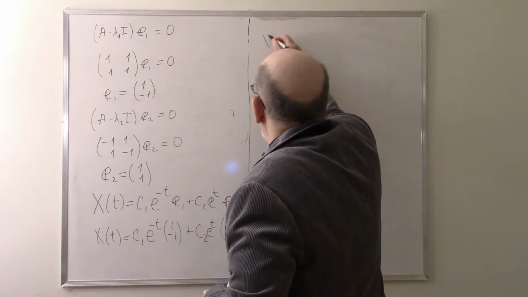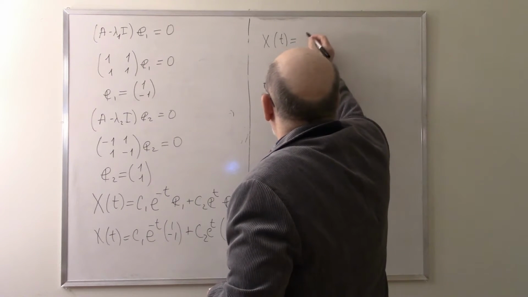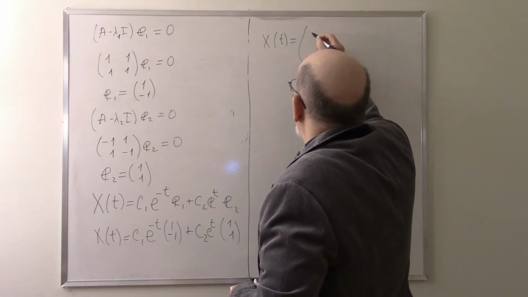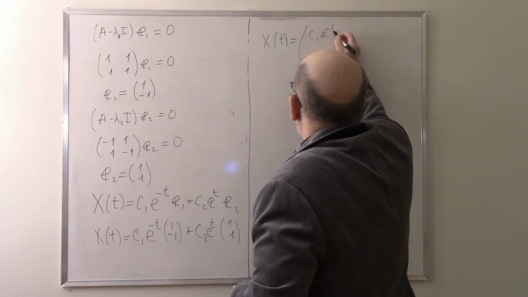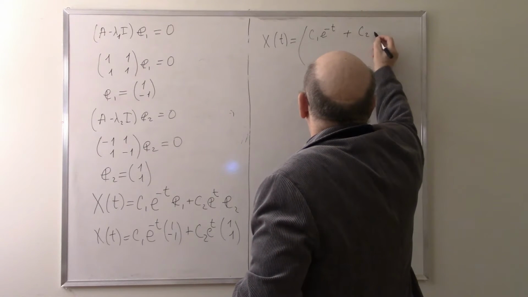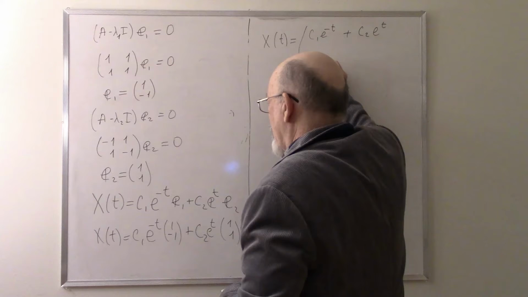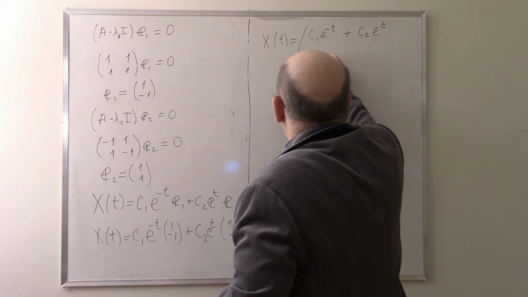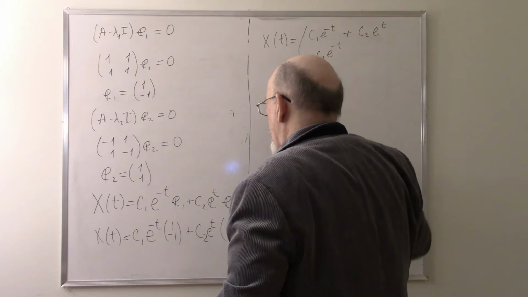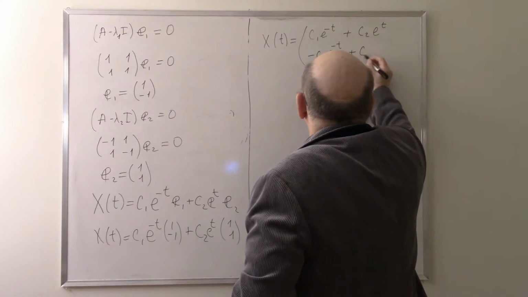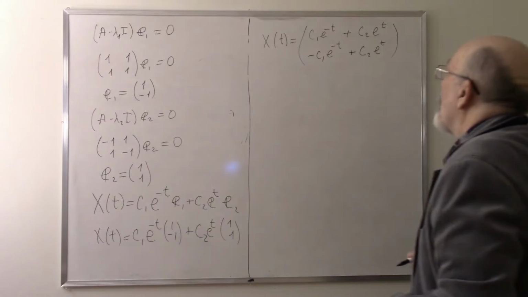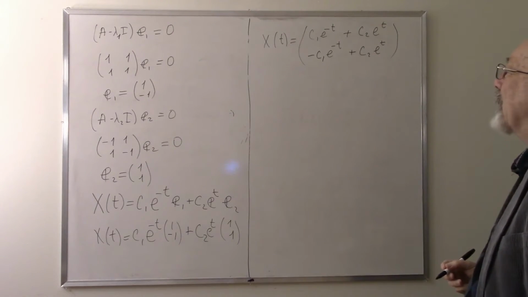So x of t equals, the first component, c1 e to the minus t plus c2 e to the power t, and the second, minus c1 e to the minus t plus c2 e to the power t. Now, how to find c1 and c2?